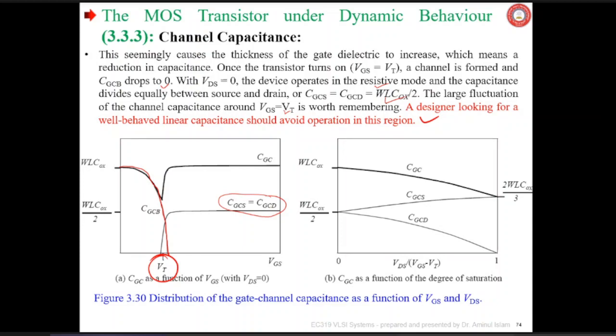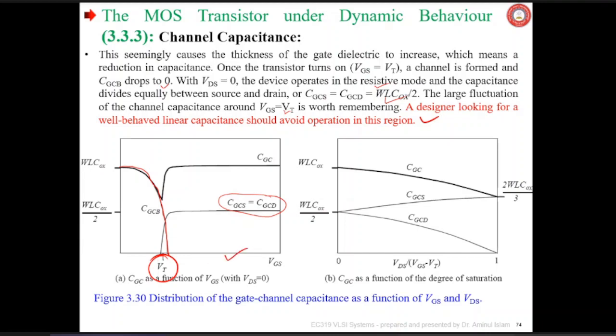So for a constant value of capacitance, we should not operate the MOSFET at this voltage point VGS, but in another region, where VGS should be greater than this value.